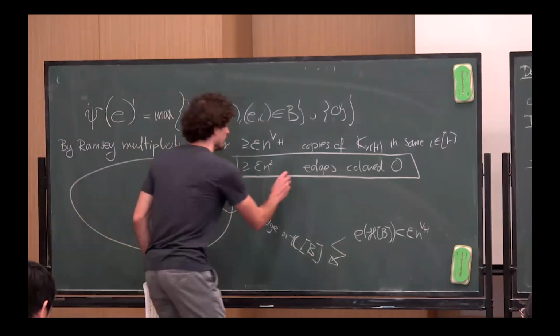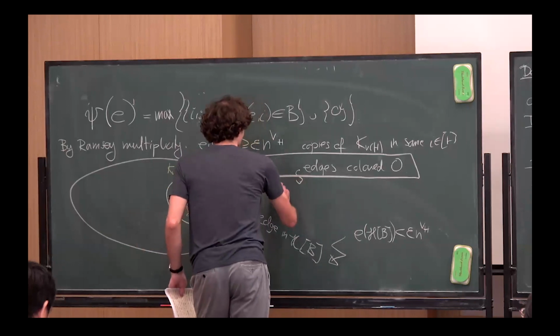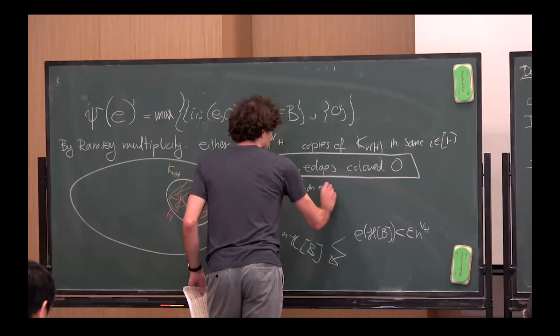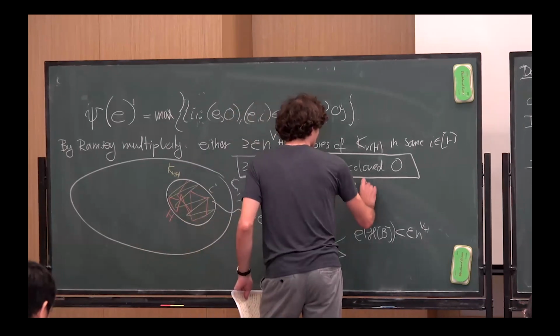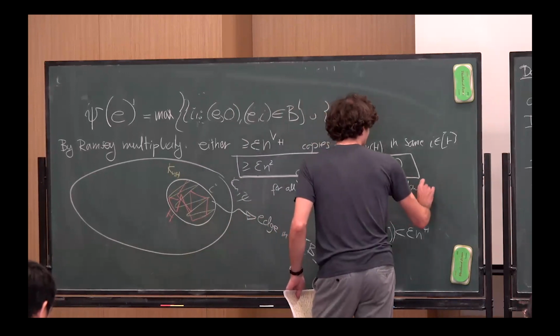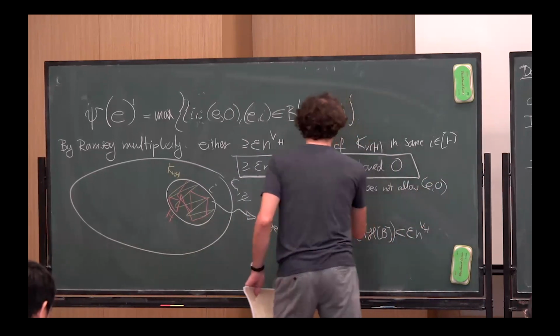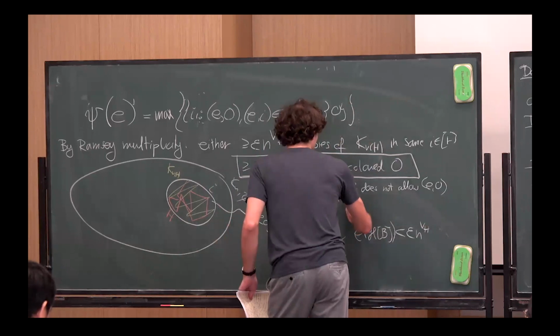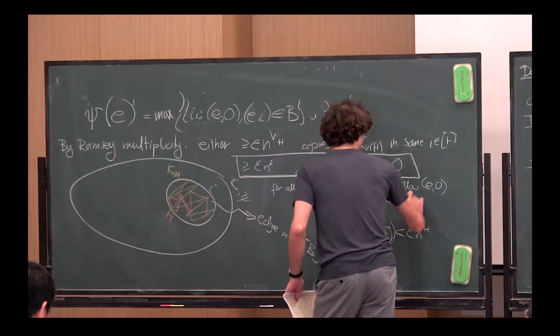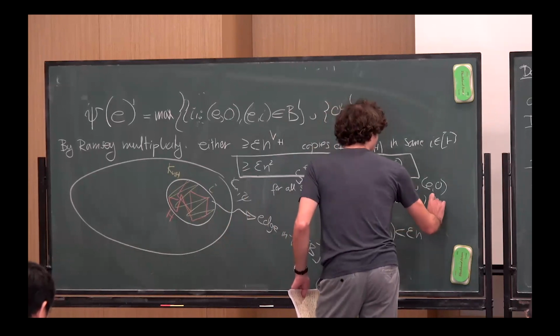So this means that for all such edges, B does not allow E0 or does not allow EI for any I.